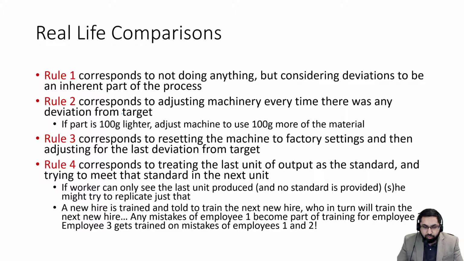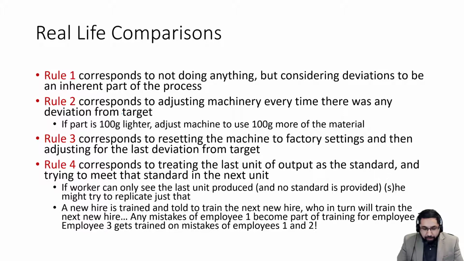If a worker can only see the last unit produced and no standard is provided, he or she might try to replicate just that standard. A new hire might be trained by an employee, then this new hire might train the next new hire, who might train the next new hire, right?